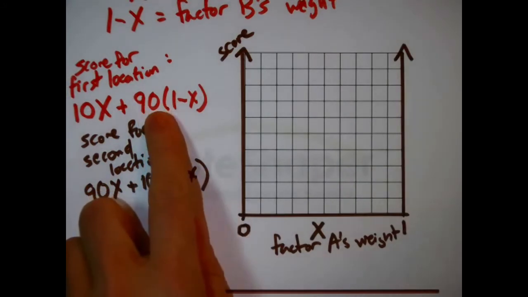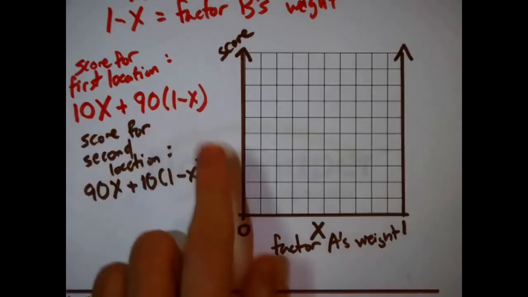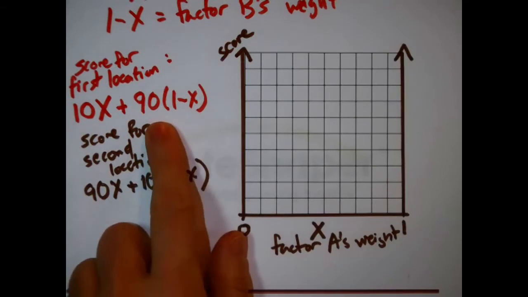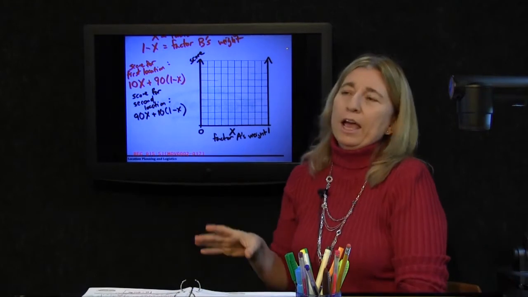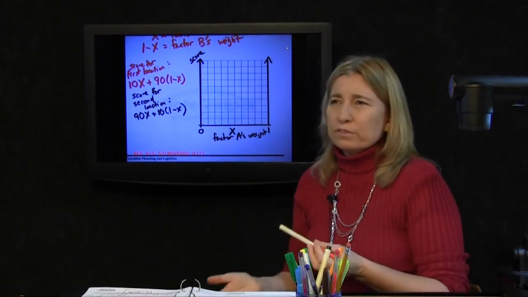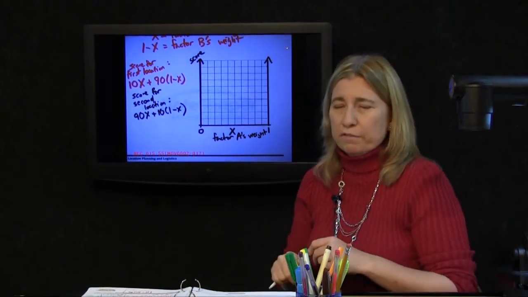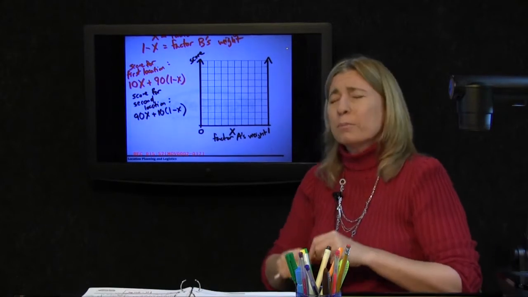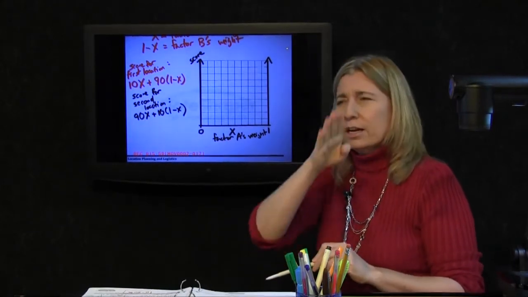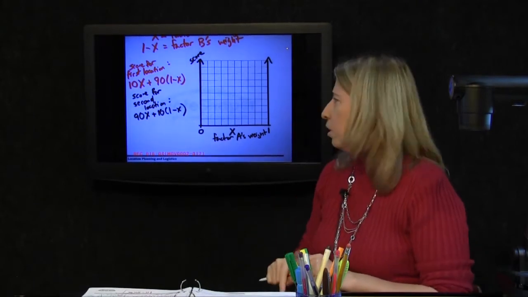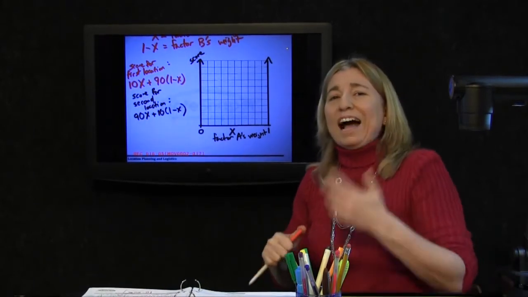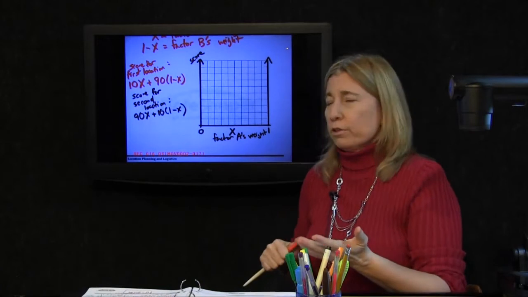Okay. The first location. Just say, for instance, that the weight for factor A is 0. I don't know why we would have included it in the study if in fact it has no weight at all, but just say, because the arithmetic is really easy, that the weight is 0. All right, what would be the actual score for the location?